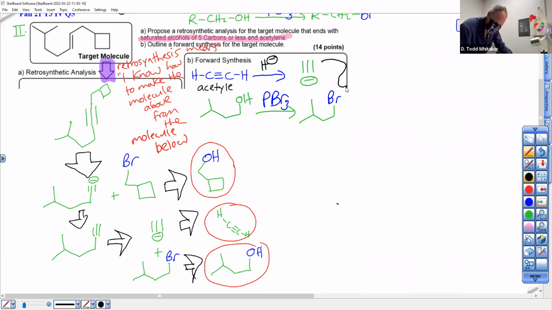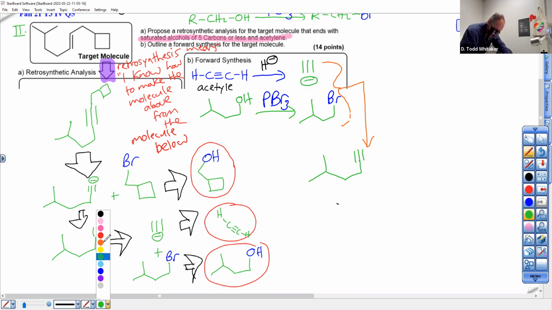I'll use a different color. Orange. We never use orange. Mix them and you get the terminal alkyne depicted to the left. That's what this just says, mix them without using words. Bring them together.